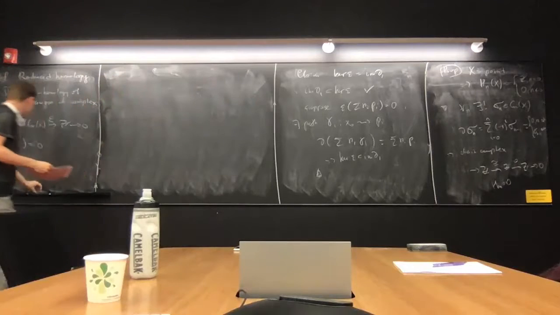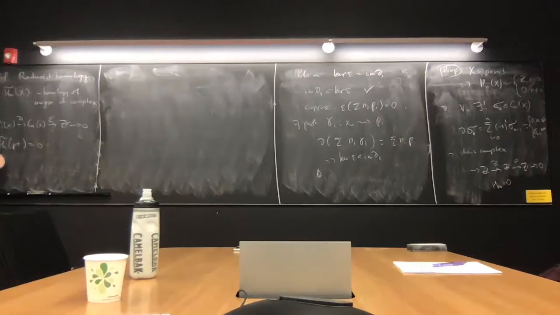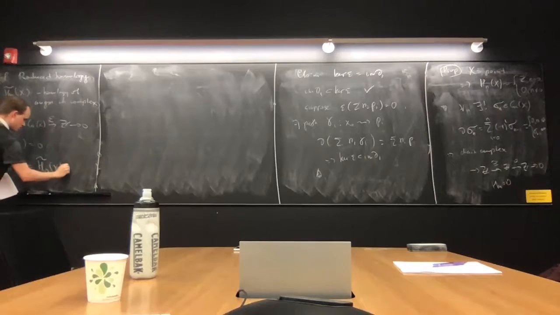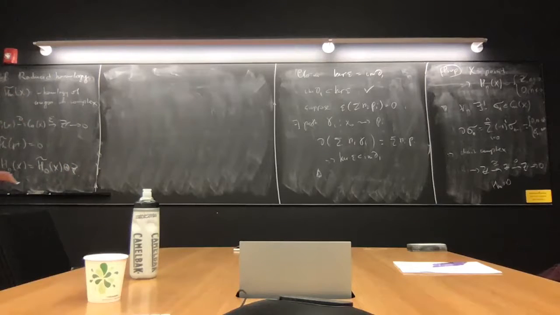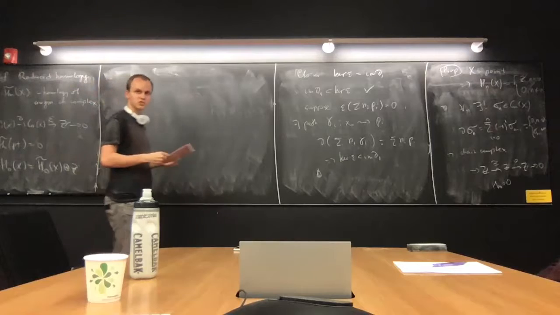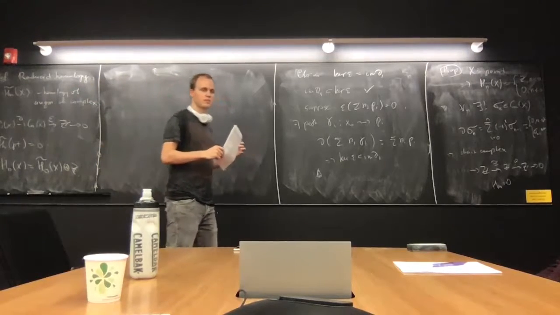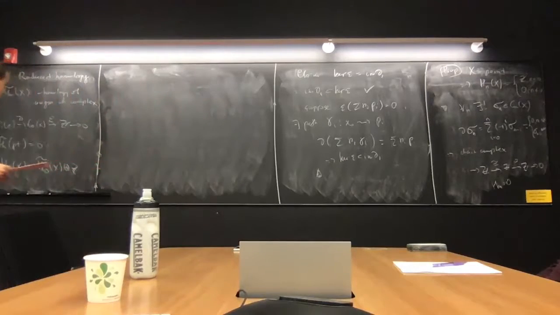And for spaces that are not points, you can show easily that H0 of x is just H0 tilde of x plus Z. So it basically just subtracts one Z from this one.